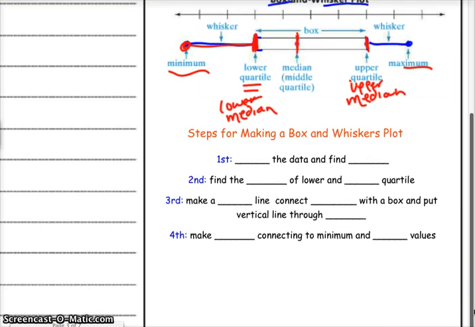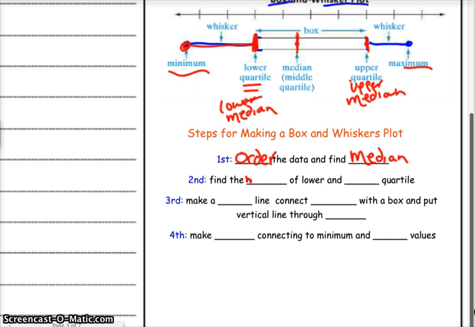So we want to know, how are we going to make a box and whisker? The first thing is you're going to order the data and find the median. That splits your data in half.